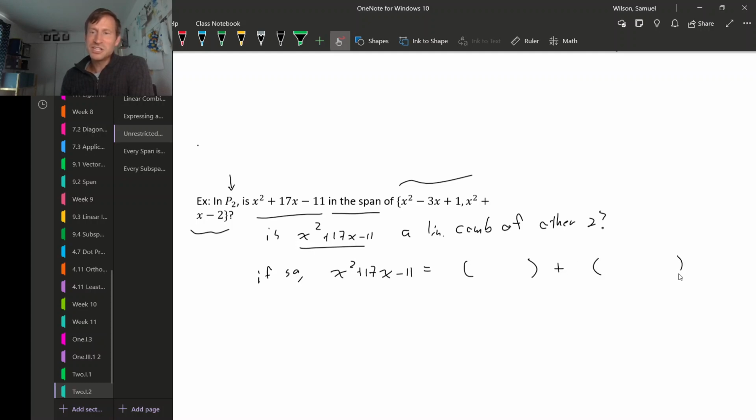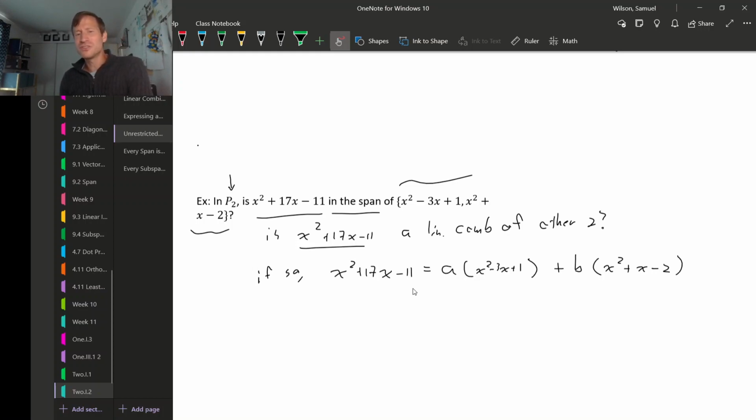And a linear combination is some scalar times the first one, x squared minus 3x plus 1, plus some scalar times the second one, x squared plus x minus 2. Now, why does this turn into a system of linear equations, you might be asking? How is it that polynomials can be equal?